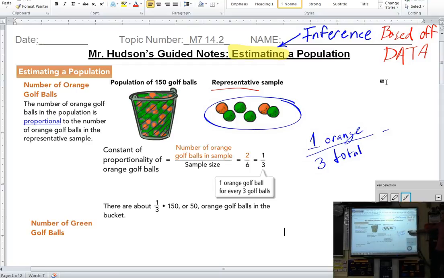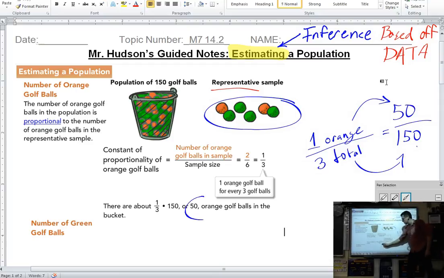So if I then know that my total is actually 150, what would make this proportional on top of 50, right? Because 3 multiplied by 50 gets to 150, so there must be 50 orange.